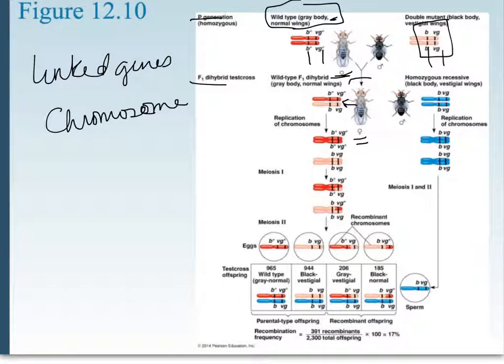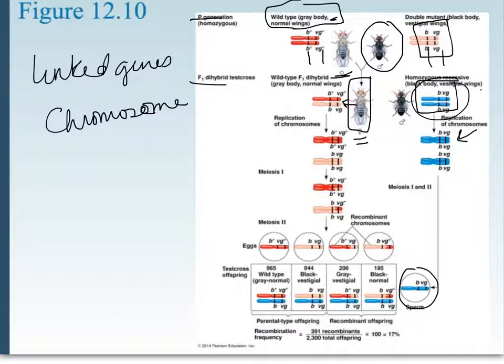So we take one of these heterozygote flies and we mate it with another fly that is this double mutant. We have our homozygous recessive, black body, vestigial wings, and we go through the process for both flies to produce gametes. Here, all the gametes are going to be the same. We're going to go through meiosis 1 and meiosis 2, and all we're going to get is one gamete because this fly is homozygous.